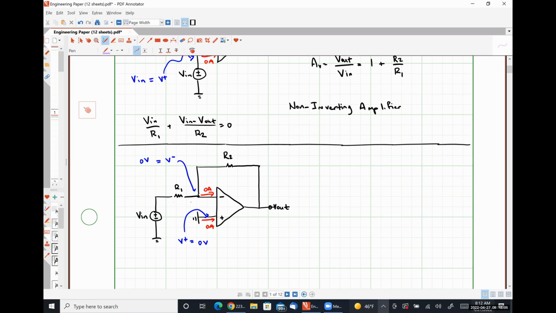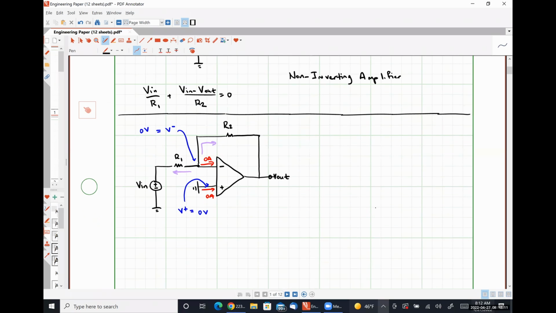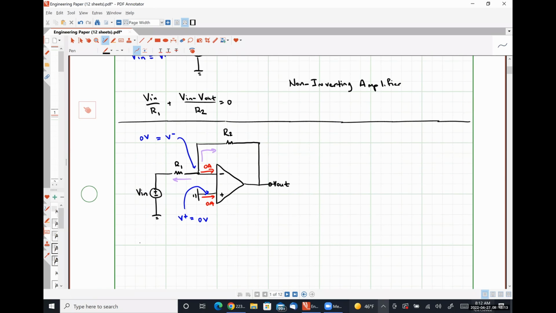Again, I'm simply going to add this current plus this current together. It's going to look like negative Vn over R1 minus V out over R2 is equal to 0.